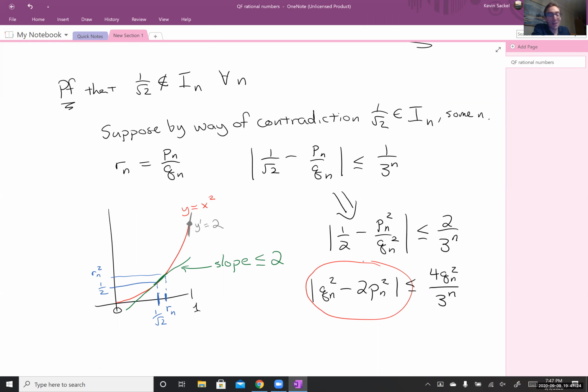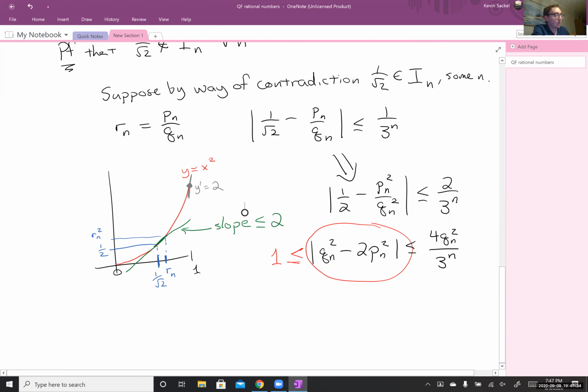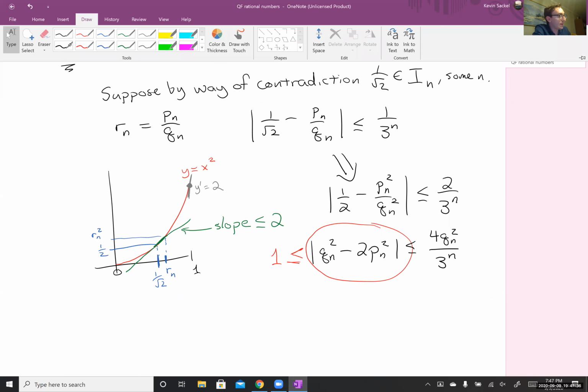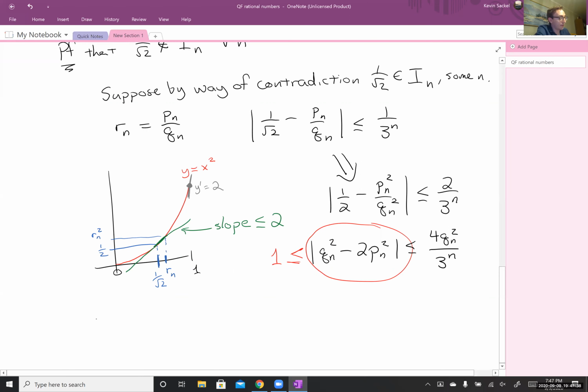So now we see that we get a little bit of extra juice because this number must be at least 1. So in other words, what that means is that we must have that 3 to the n is less than or equal to 4 times Qn squared.